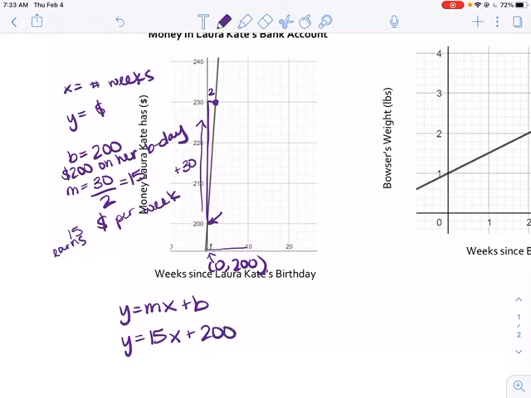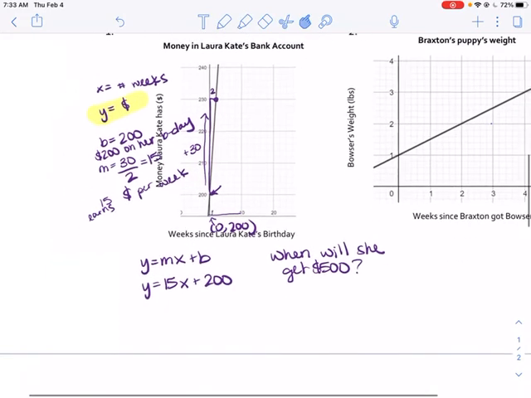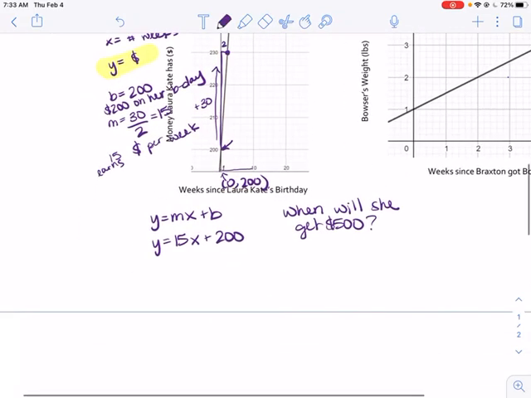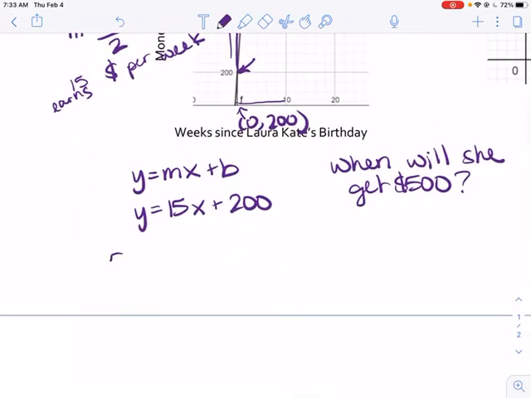So now, if I were to ask you, when will she get $500? Let's look at our quantities. Dollars was the y quantity. So I'm going to put in 500 for my y, and then solve for x, and that will tell me when she'll have $500.